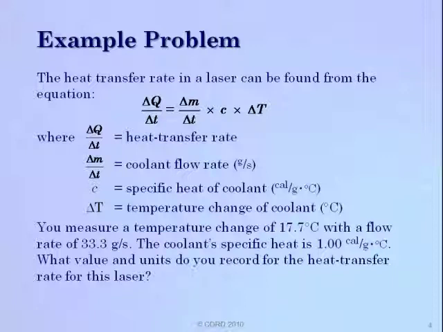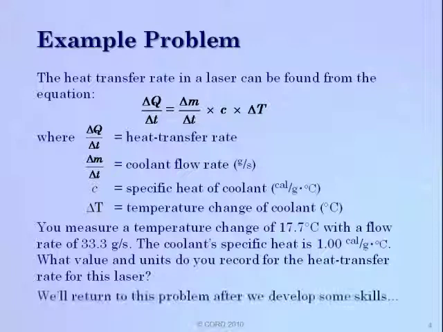Wow, those are lots of units going by there. Well, we're going to return to that problem later on after we develop some skills on how to handle all of those different units.